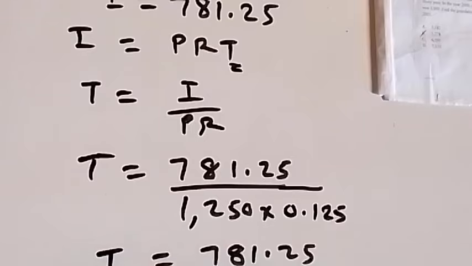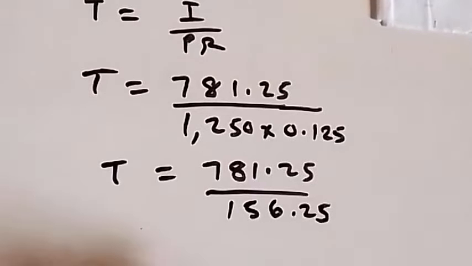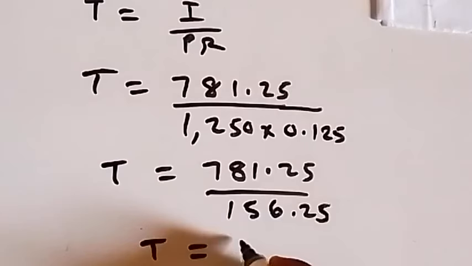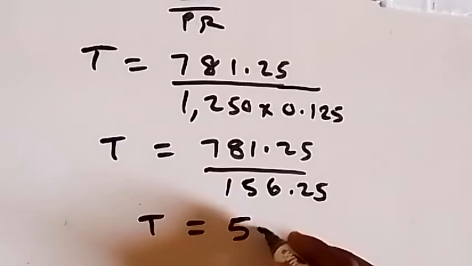So when we divide this, 781.25 divided by 156.25 gives us 5. So T here is simply 5 years.